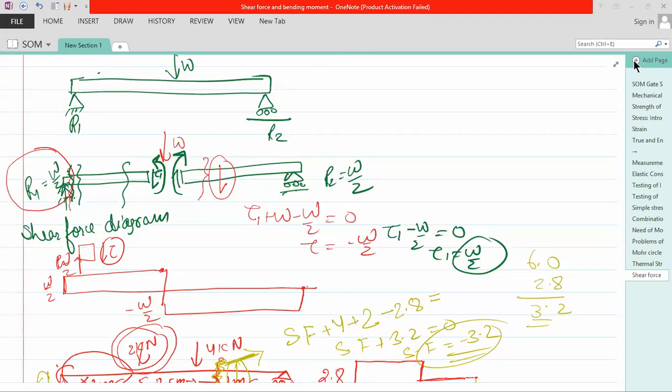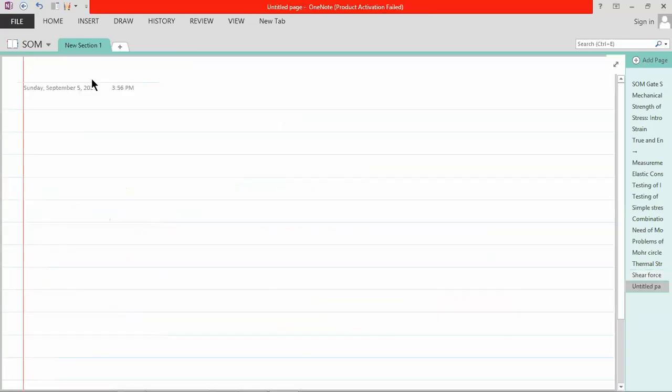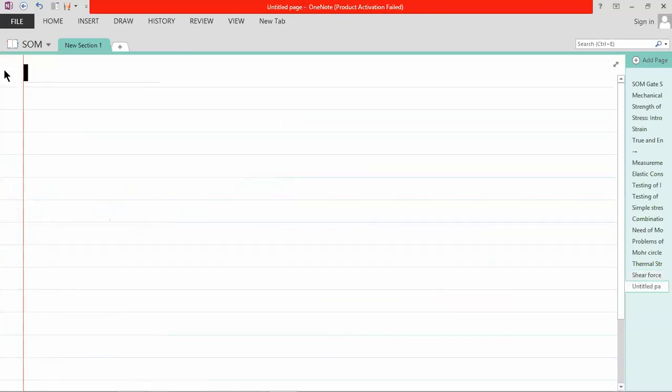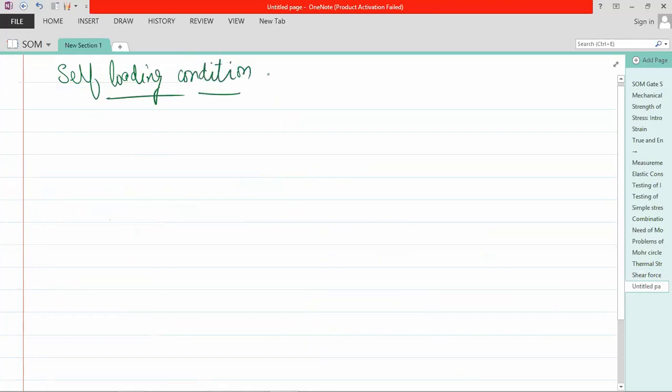Now I am going to add something so that the question can be easily solved. So suppose I'm going to talk about stresses, and in that part, the self-loading condition. This is a stress-strain problem.